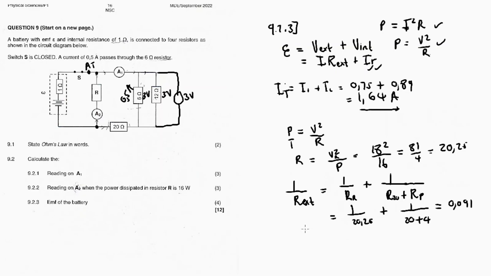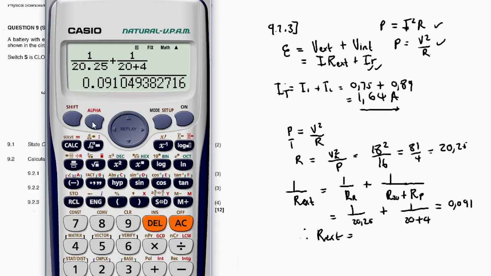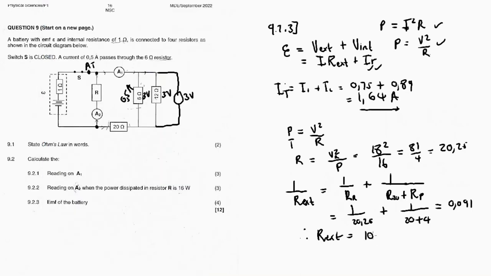So therefore R external is equal to the inverse of your answer. Press shift on your calculator so that you get the inverse of your answer. It is equal to 10.98. So this is our answer for the external resistance.